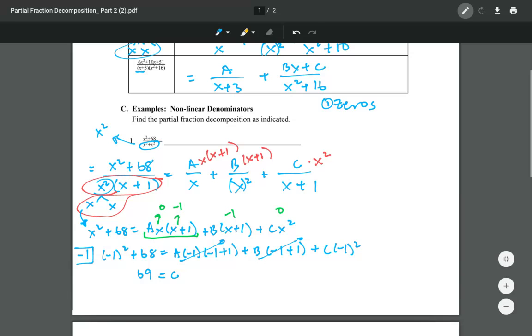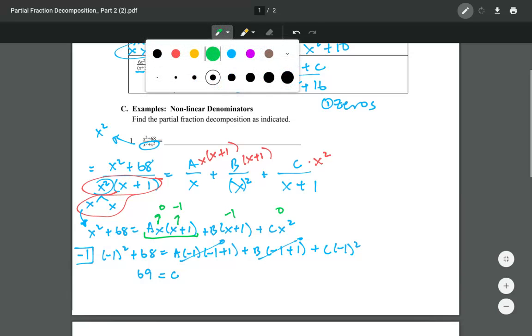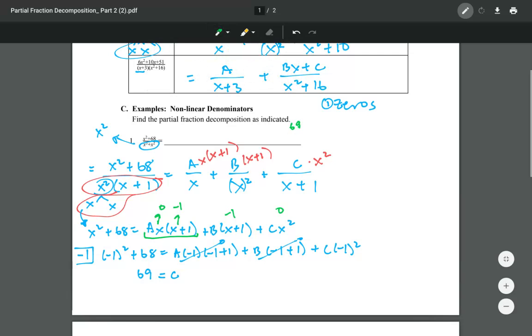So I've got c already. Let me go ahead and put that up in our answer. So c is 69. So 69 over x plus 1. So we've got this one done.